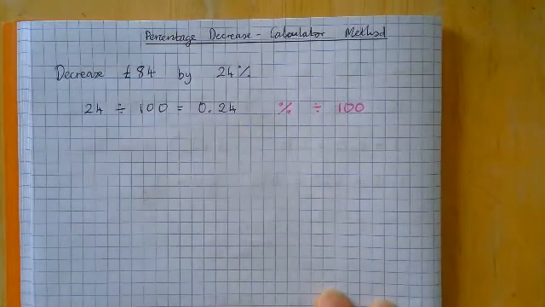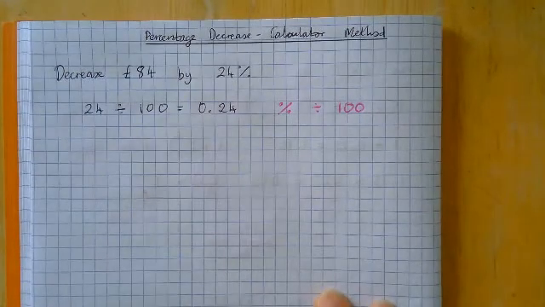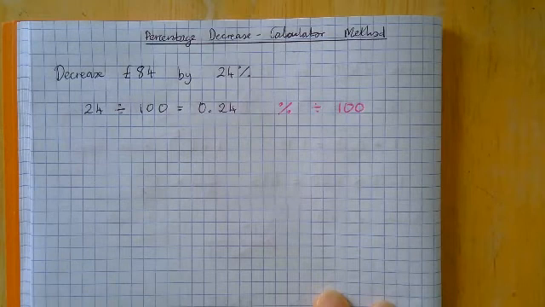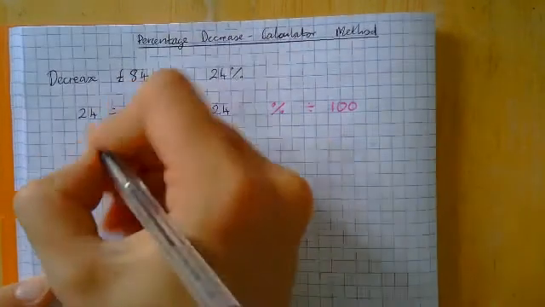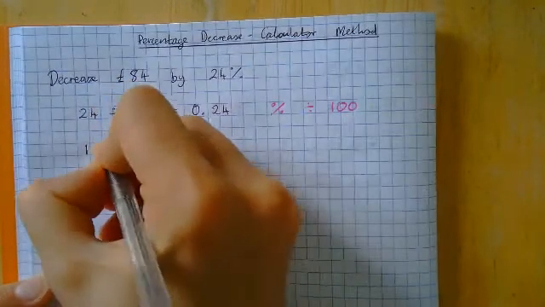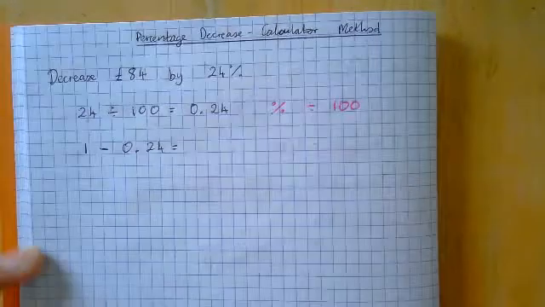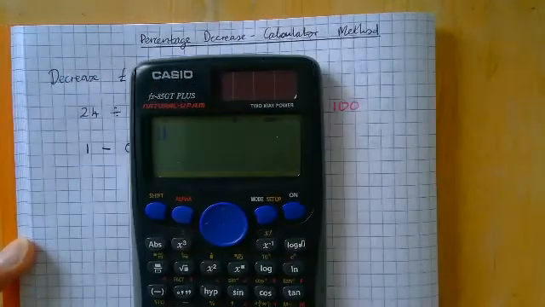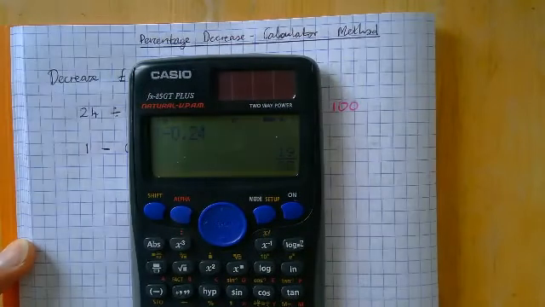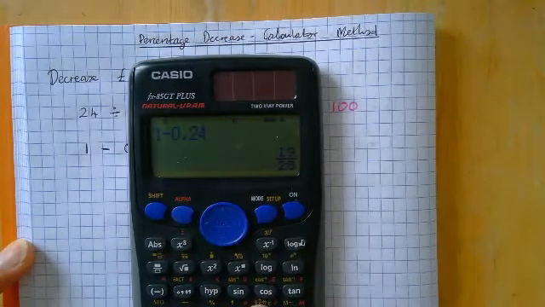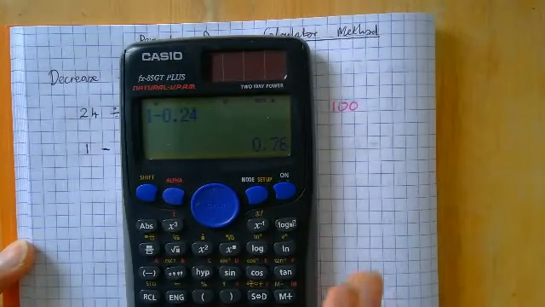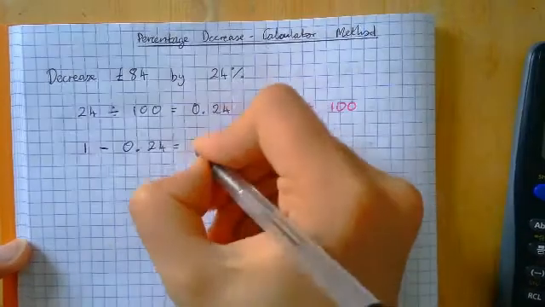If you think back to last time, our next line was 1 plus our answer. The only difference in this method is that our next line is going to be 1 minus your answer to the first part. So if you're not 100% sure, I don't mind you using a calculator this week. I've got a fraction, press the SD button. That gives me 0.76.